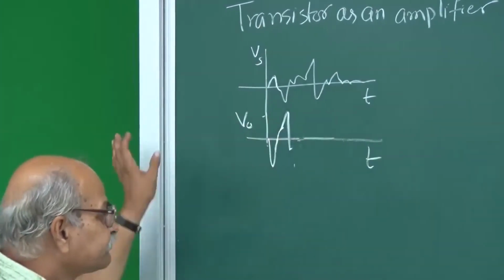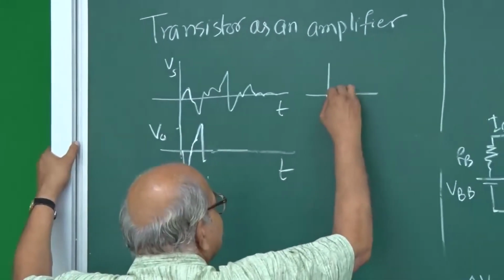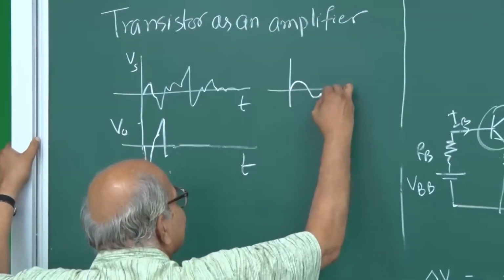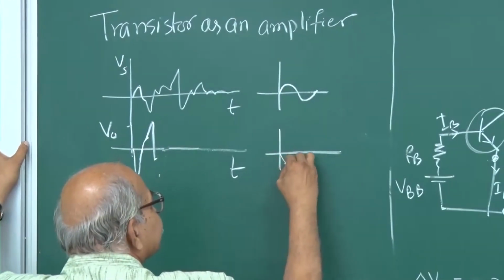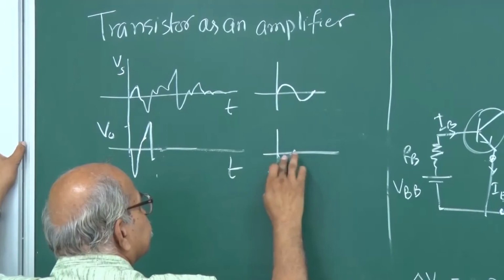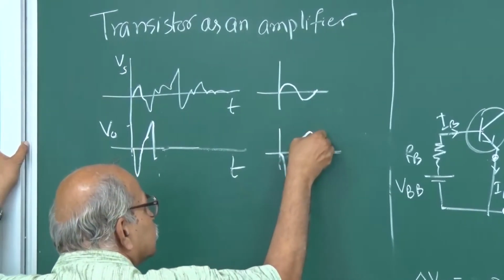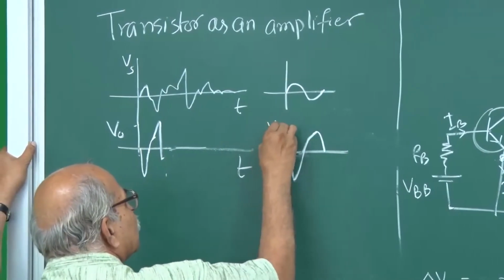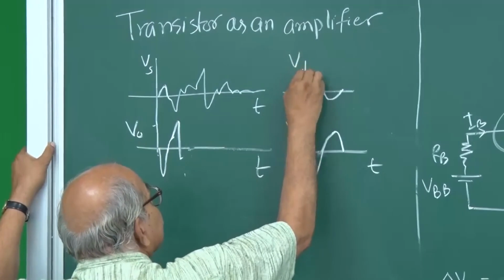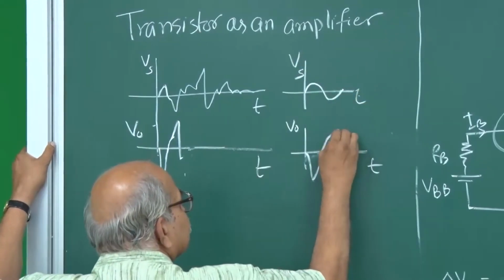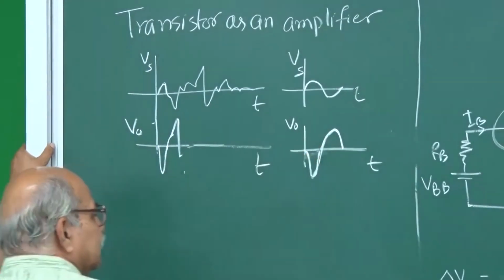So, if I draw a simpler figure, if my signal is like this, then the output will be like this. This will be the output and this will be Vs, right. Of course, not a very good drawing, but you understand what I am trying to say.